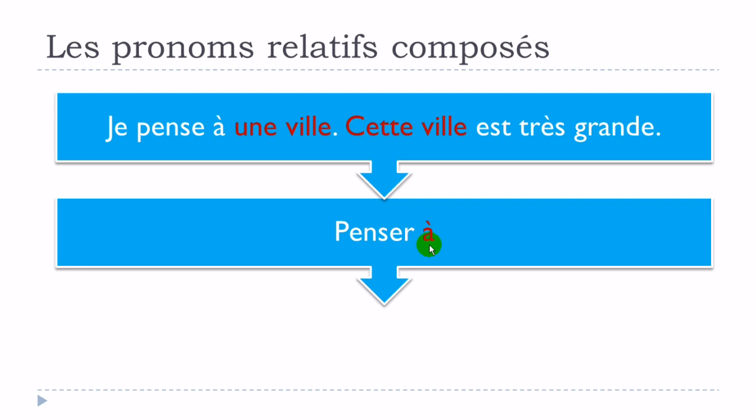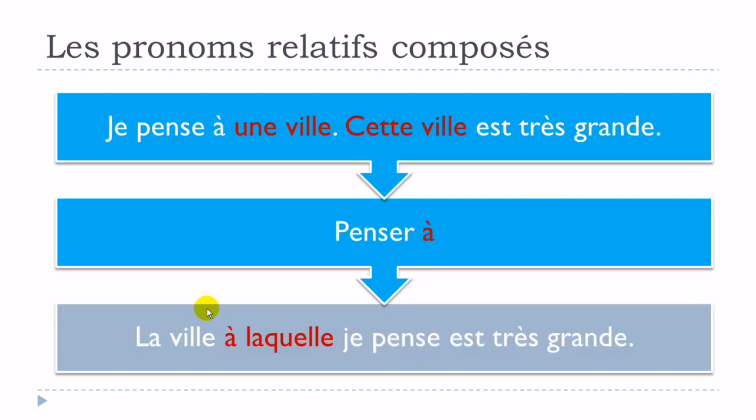So you start with la ville, then you put your preposition and the combination with the pronoun, à laquelle, and you continue your sentence. So je pense should be placed right here, and you finish with est très grande. I know it can look a bit tricky, but you will get used to that, don't worry. La ville à laquelle je pense est très grande.